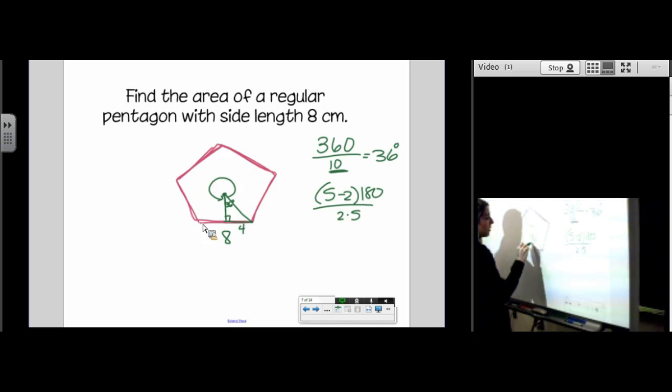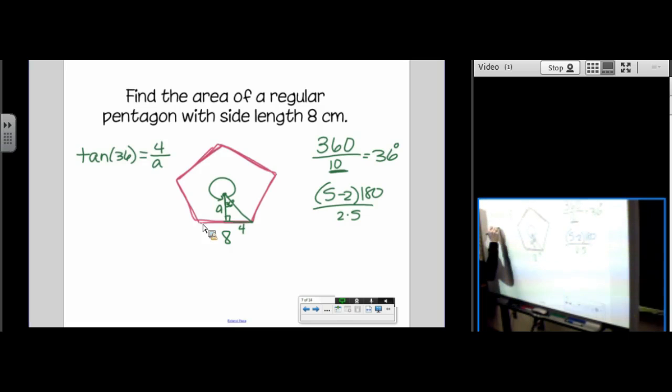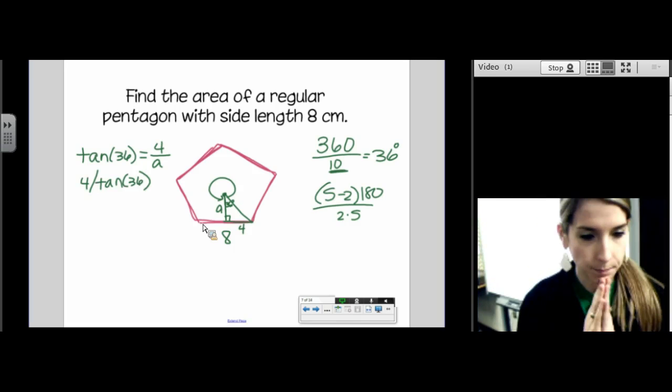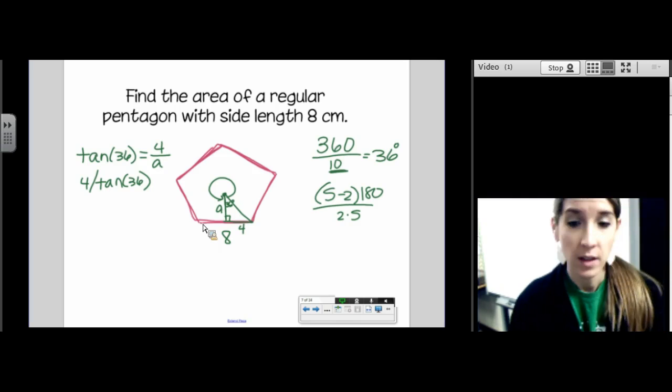All right, so we need the apothem. We need A. So it's tan again. Tan of 36 equals opposite over adjacent. Denominator divide. So the apothem is 4 divided by tan 36. That's the apothem.